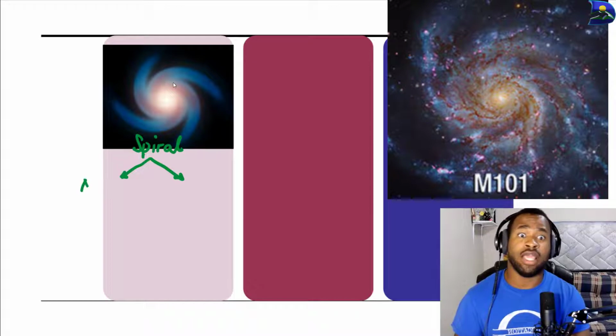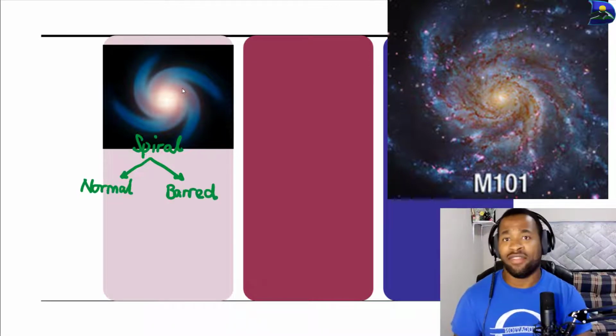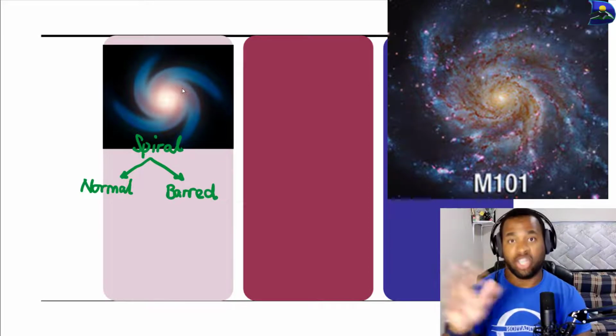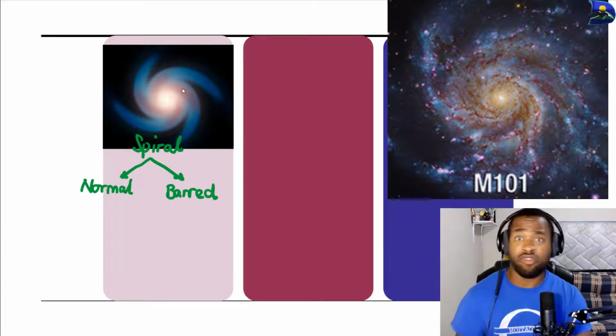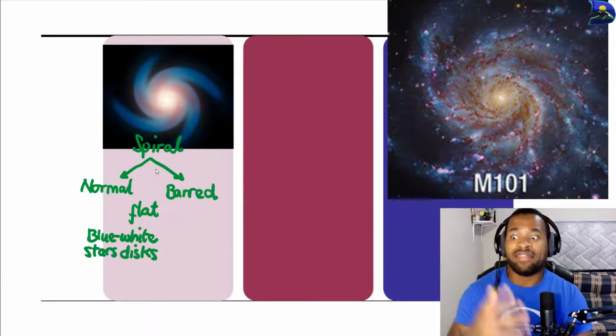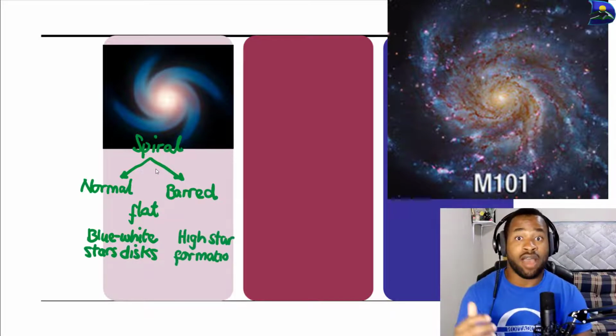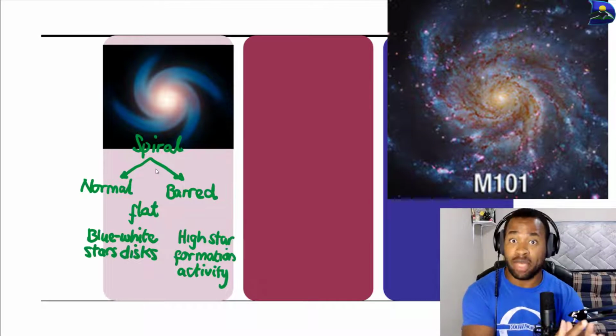One is called a normal spiral, while the other one is barred. And for both of them, or in general spiral, are really known to be flat in terms of their structure. In addition to that, it has a blue-white star disk, and it's known to have a very high star formation.